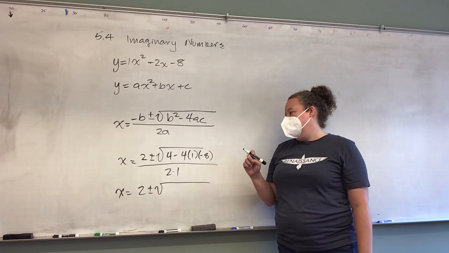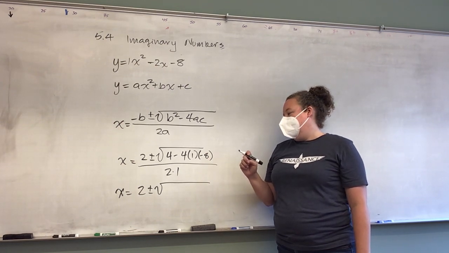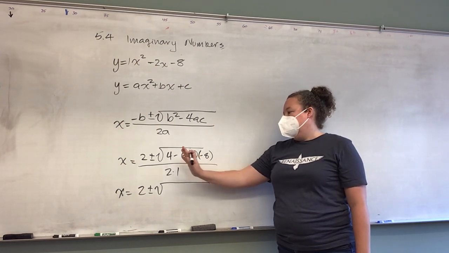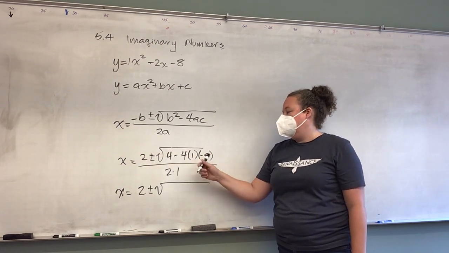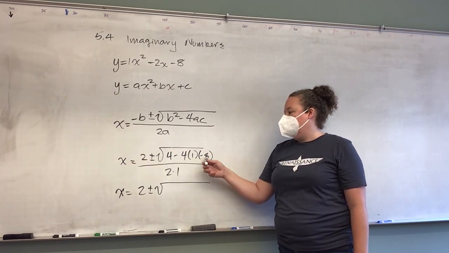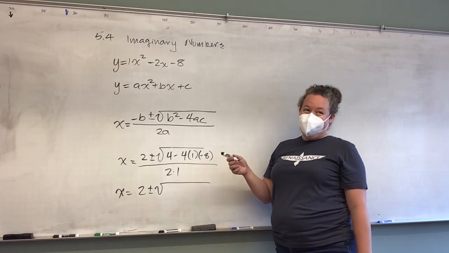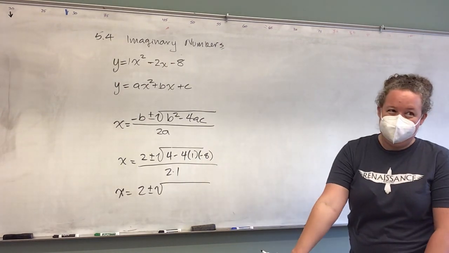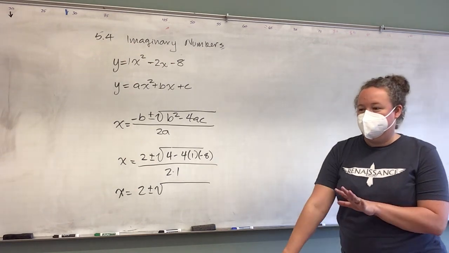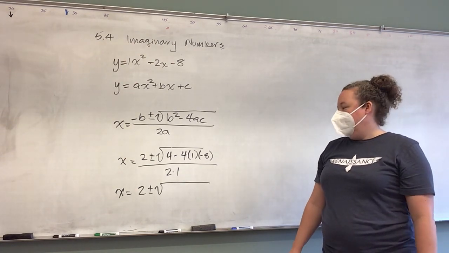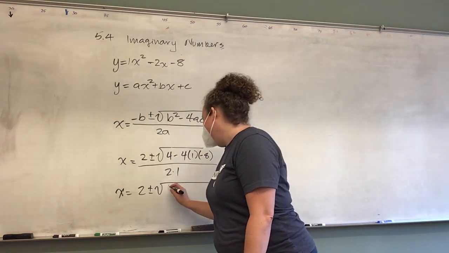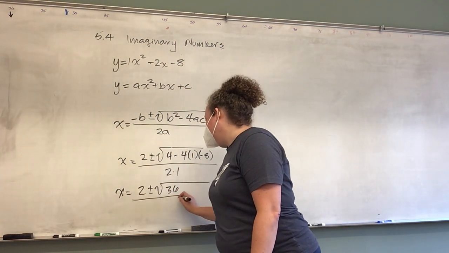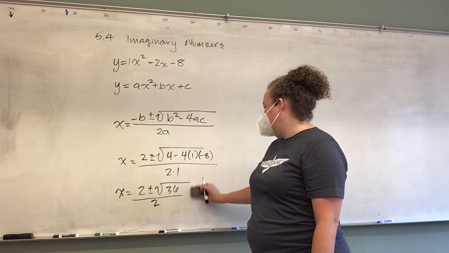For PEMDAS, we've got to do the multiplication first. So -4 times 1 times -8 is 32. And what's 4 plus 32? 36. Aha! Very good. So we're back to 36.